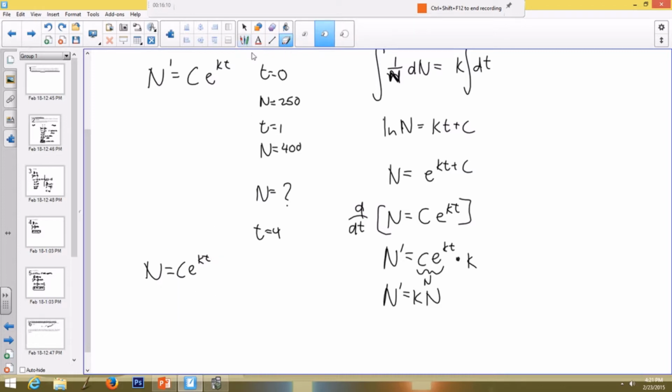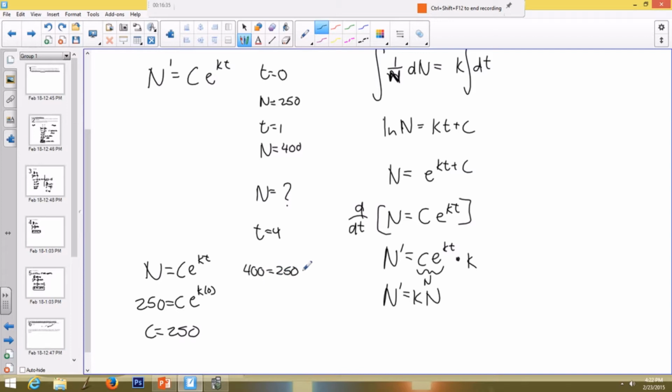We'll just rewrite it and do it right. So N equals 250. 250 equals c e to the k times 0. When time is 0, e to the 0 is 1. C equals 250.